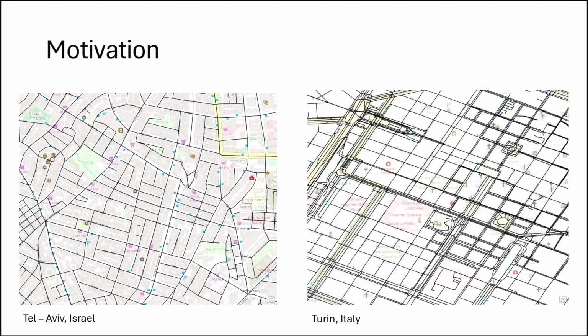Two years ago, when I still resided in Santa Barbara, I partnered with two colleagues, one from Israel and one from Turin, Italy, and we tried to suggest some kind of street profile.